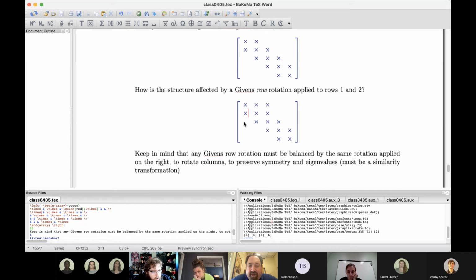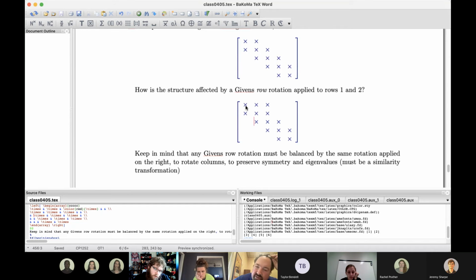After you get a column rotation that produces something right here that you don't want, you do more Givens rotations, again on the left and right. If you do something on the left that zeros an entry, then applying that same rotation on the right to columns will also zero the opposite entry, to preserve symmetry.